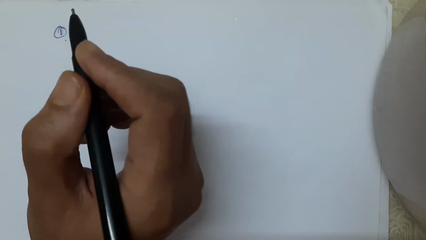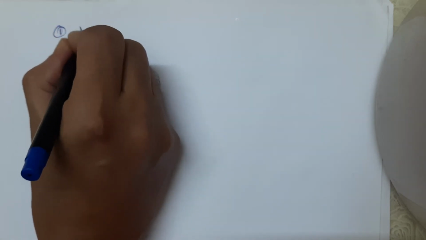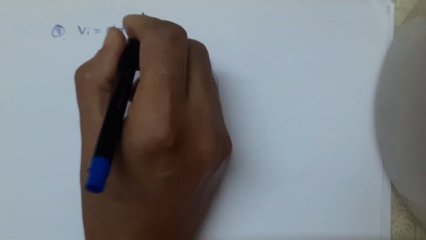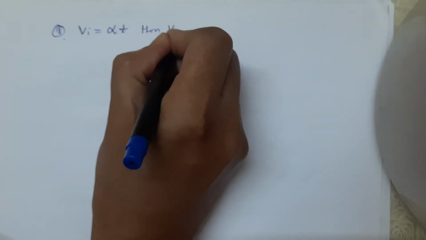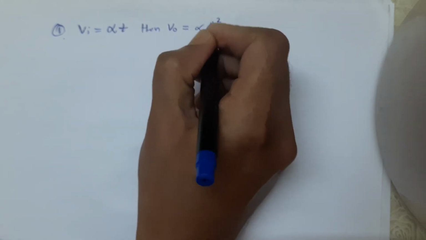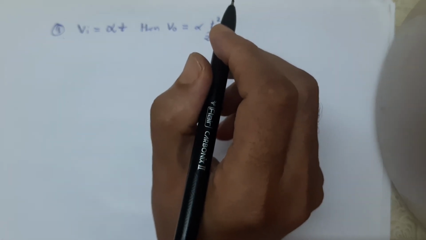The first point is, if Vi is equal to alpha t, then VO is equal to alpha t square upon 2 RC.